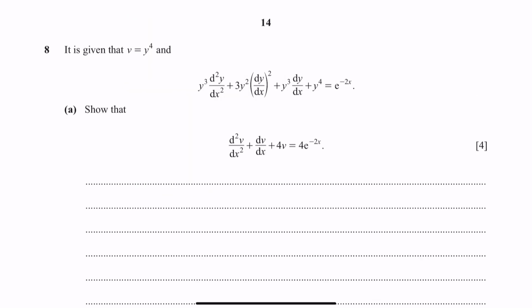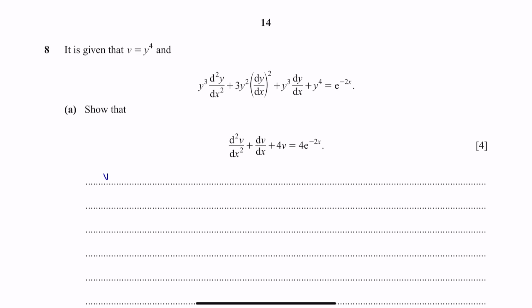Question 8 is a second order differential equation using the substitution method. And the easiest way to prove these equations is basically we find the derivative that the question wants in the final equation. So they want it to be in dv/dx, right?